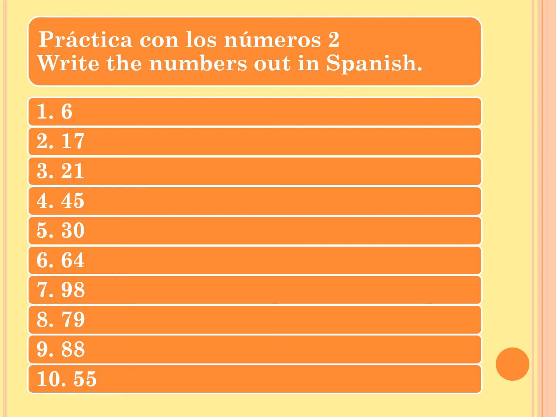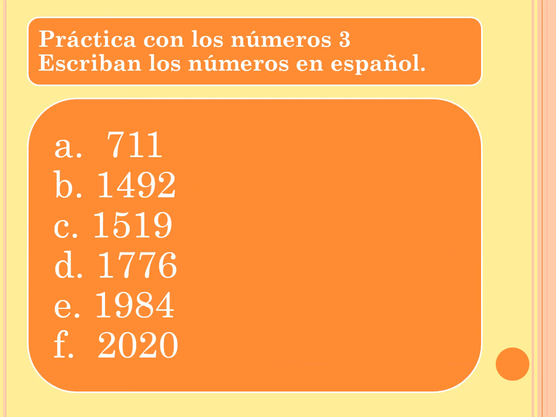All right, 6 is seis, 17 is diecisiete, 21 is veintiuno, 45 is cuarenta y cinco, 30 is treinta, 64 is sesenta y cuatro, 98 is noventa y ocho, 79 is setenta y nueve, 88 is ochenta y ocho, 55 is cincuenta y cinco.